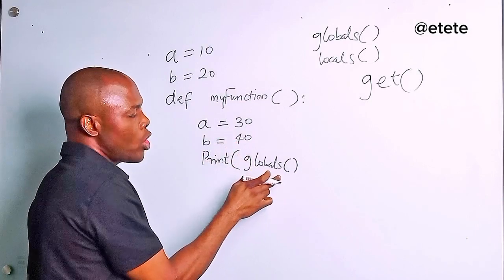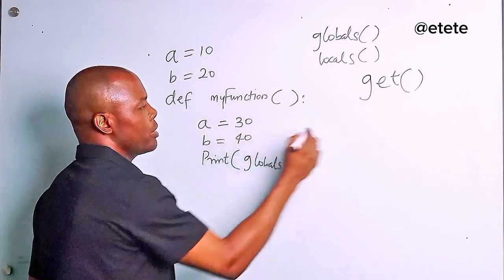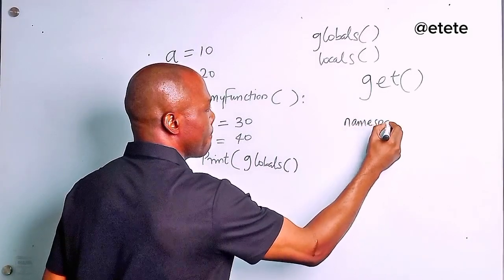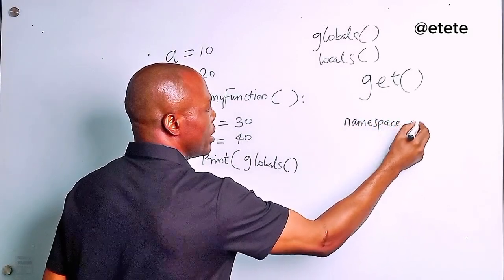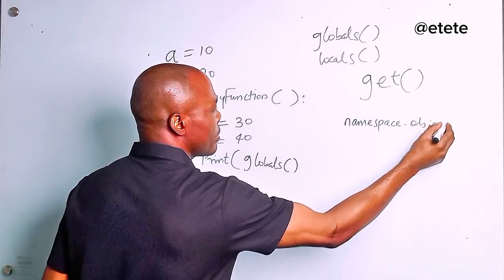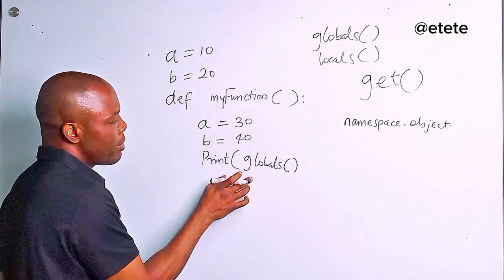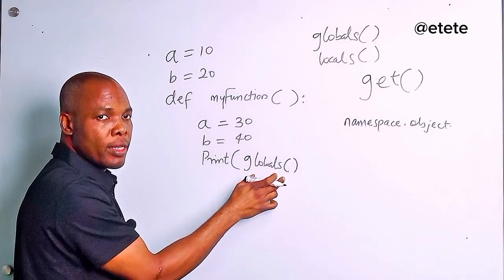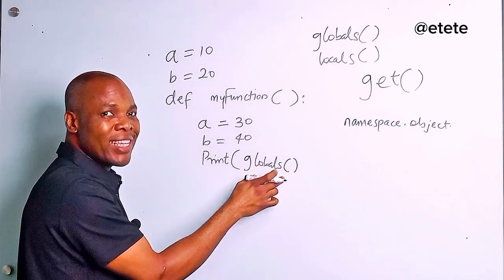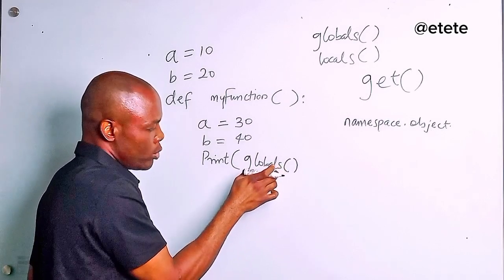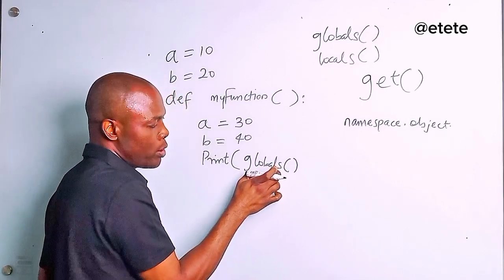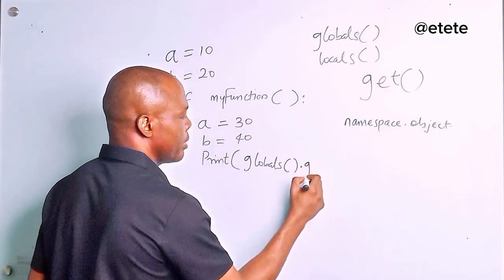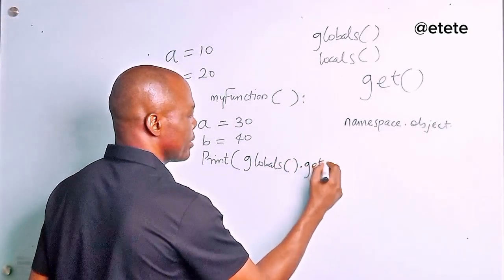So this is a get method, right? Inside the dictionary. Because in order to access the object of this namespace, it will be namespace dot object, right? Now, this namespace has two functions that allow me to access the object. So this is the function, which is the global function, and then dot get.